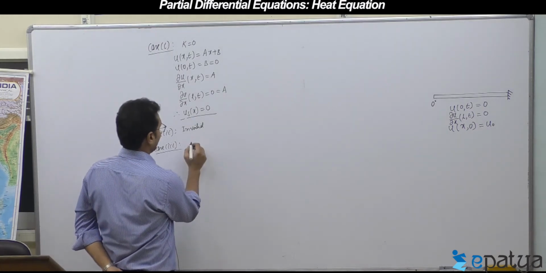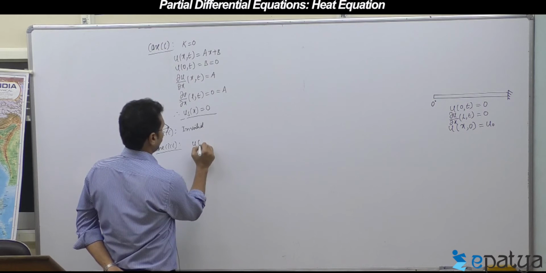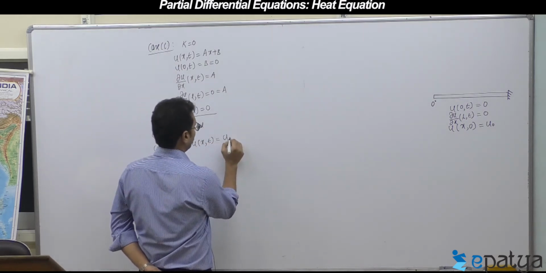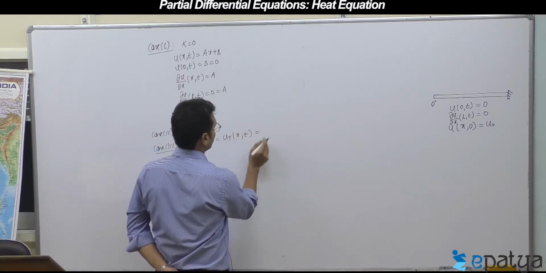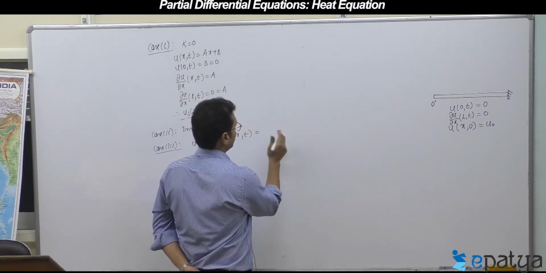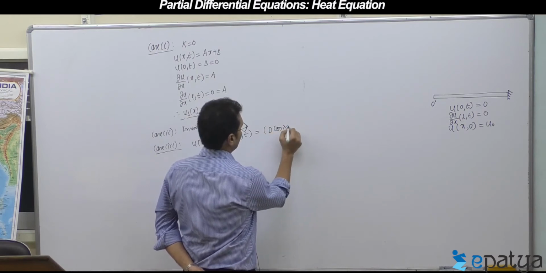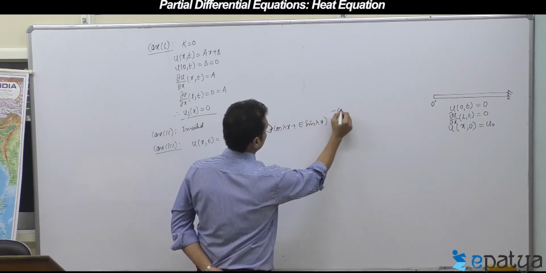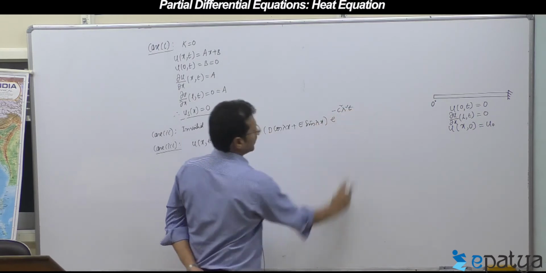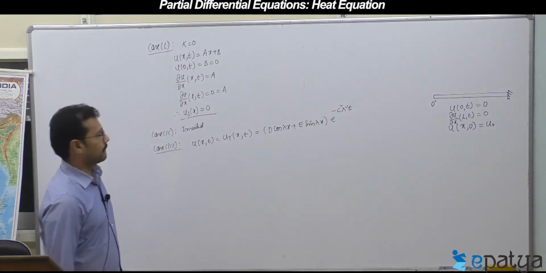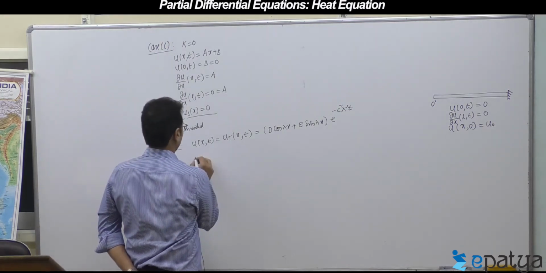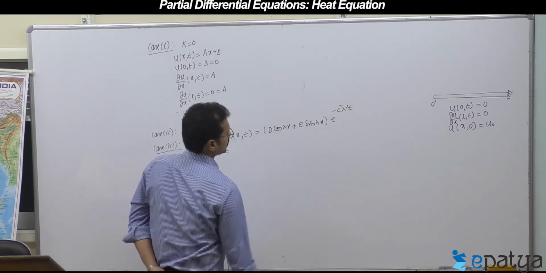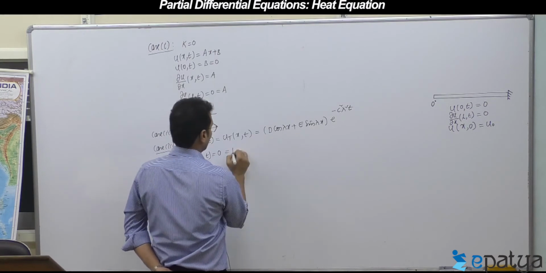So u of x comma t equals u_t of x comma t, which will be (A cos lambda x plus B sin lambda x) into e power minus c square lambda square t. U of 0 comma t equals 0: sin 0 is 0, cos 0 is 1, so the cos coefficient is 0.